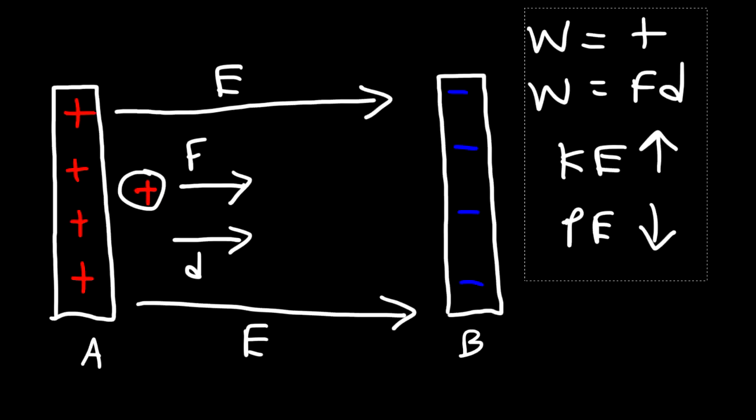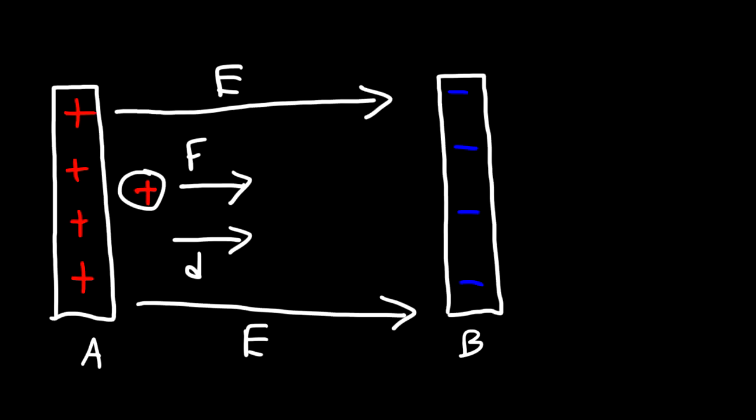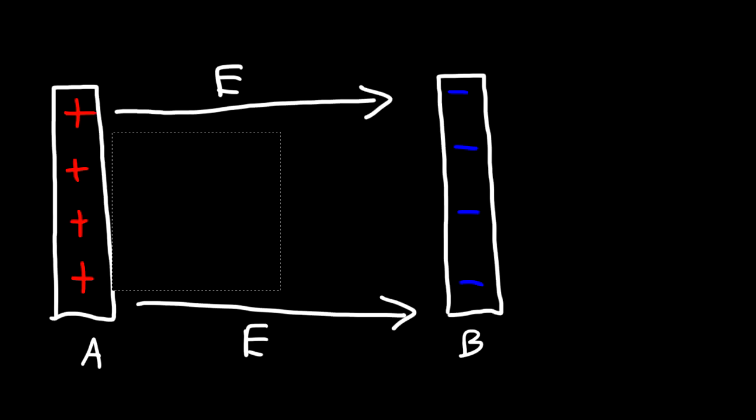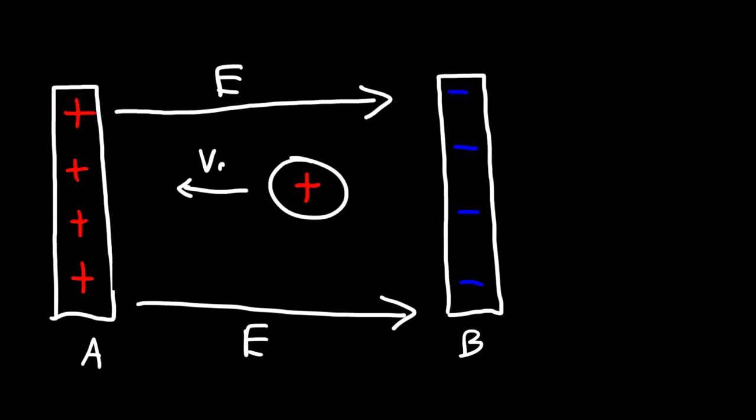Now, let's say the positive charge is placed somewhere near the middle of the two plates. And let's say initially this charge is moving towards the left.